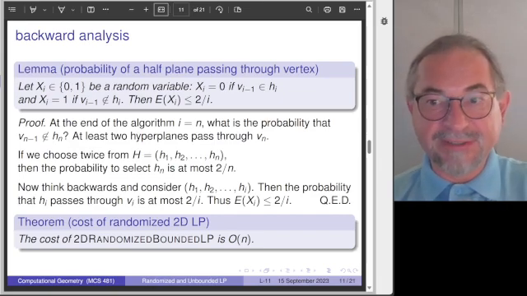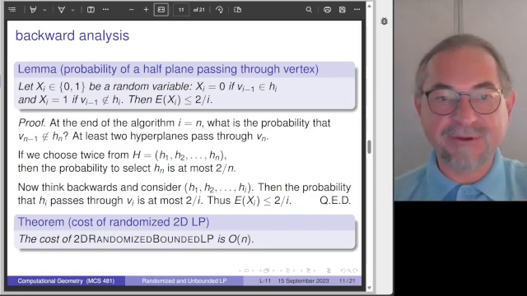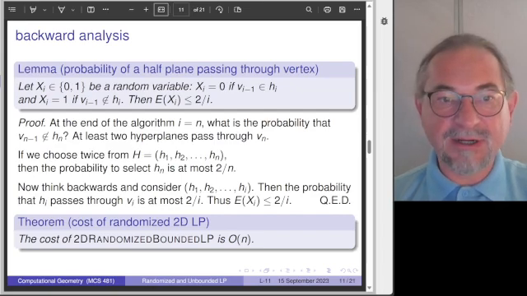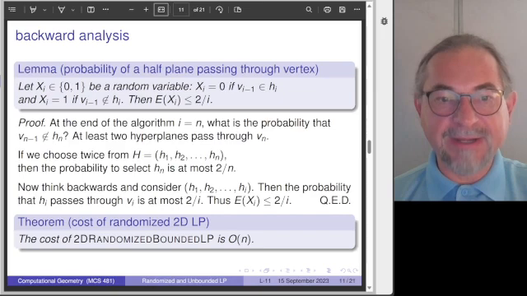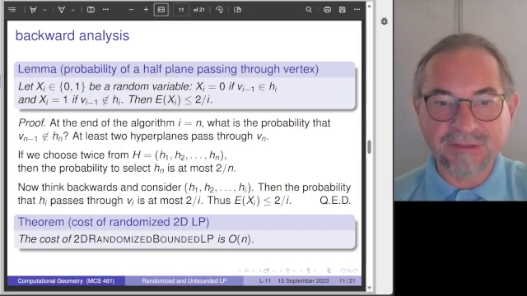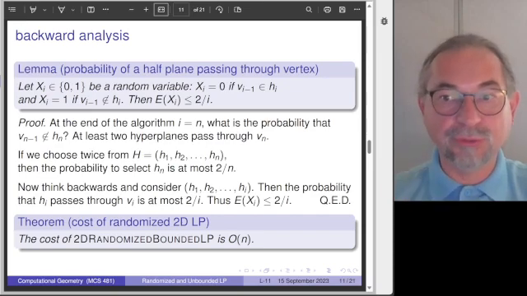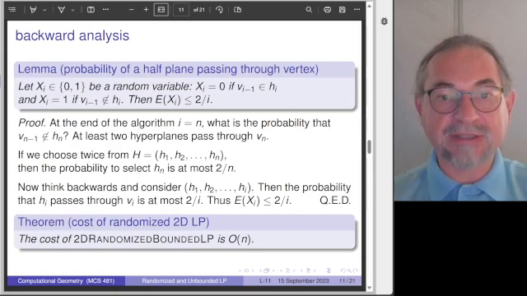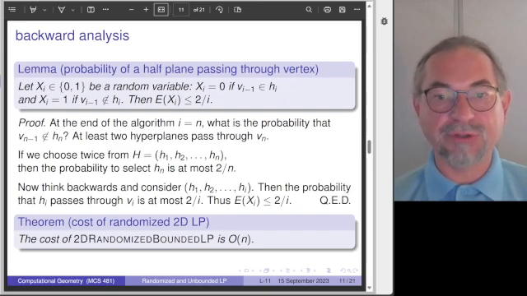And we repeat this, so we think backwards. So it's kind of an induction that runs backwards. So the probability that the new half plane actually passes through the current optimum is at most 2 over I. So that's the bad case where we have to solve a one-dimensional linear program.